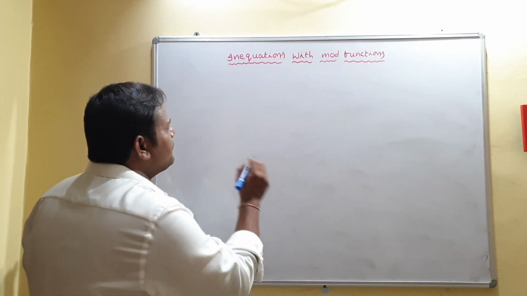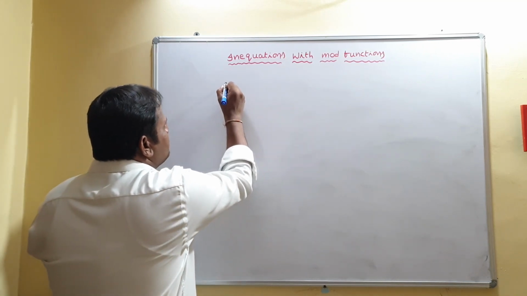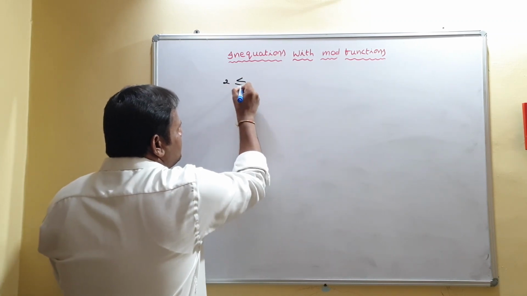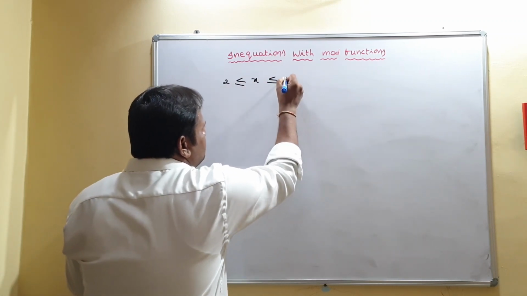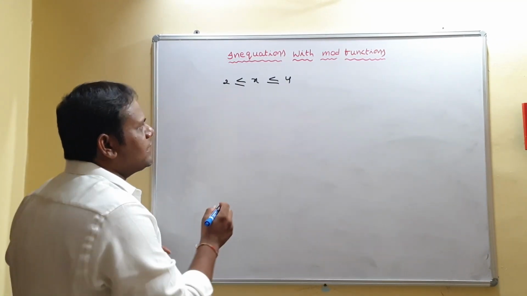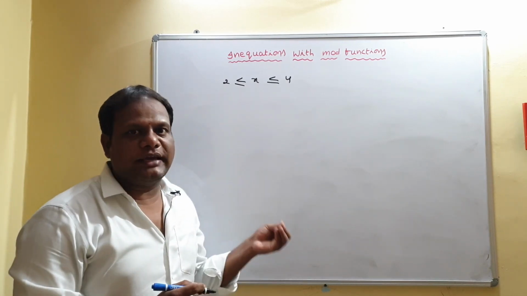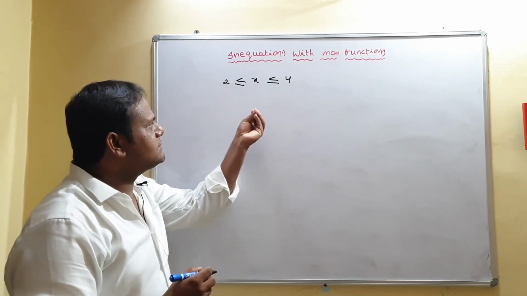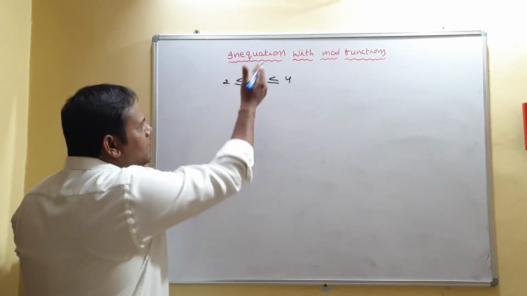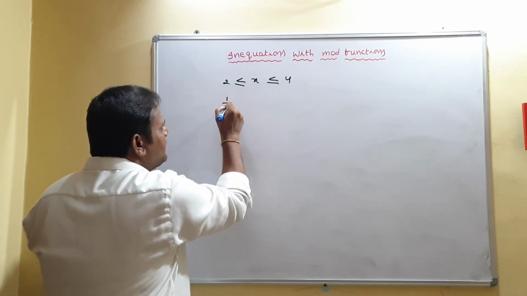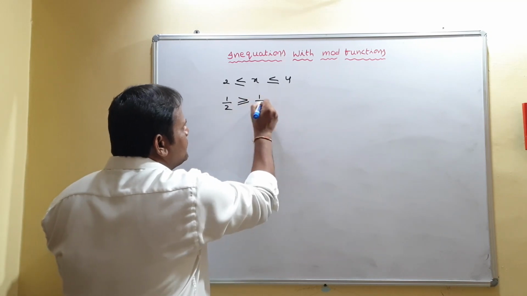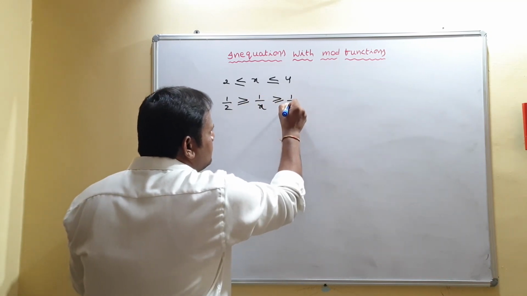Suppose while solving one question, you arrive at 2 less than or equal to x less than or equal to 4. Suppose you have to find the 1 by x values. To get 1 by x, what do we do? We take reciprocals. If you take reciprocal, you get 1 by 2, and less than becomes greater than: greater than or equal to 1 by x greater than or equal to 1 by 4.